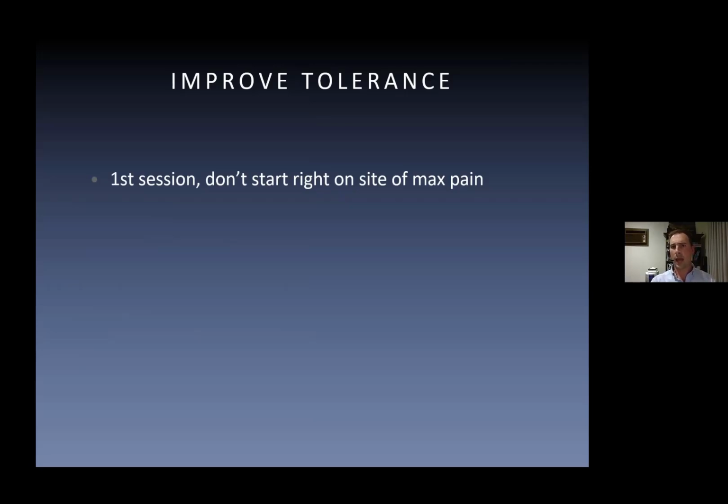On the first session I usually add an extra 500 shocks so that I can start at a really low intensity, 2 bar or just below 2 bar, just so they get an understanding and listen to the sound. The sound can sometimes give people a fright. Then I gradually work towards the site where most of their pain is, and when I'm on that, we start to increase it.